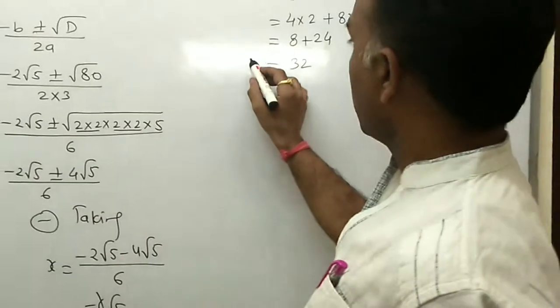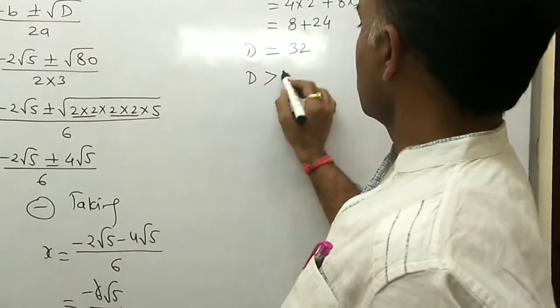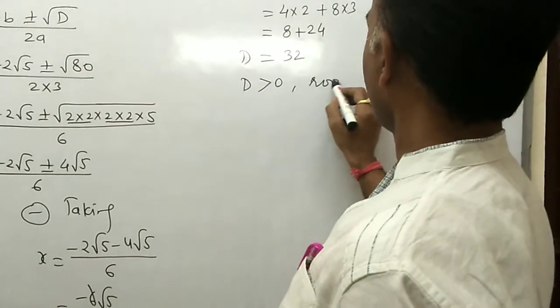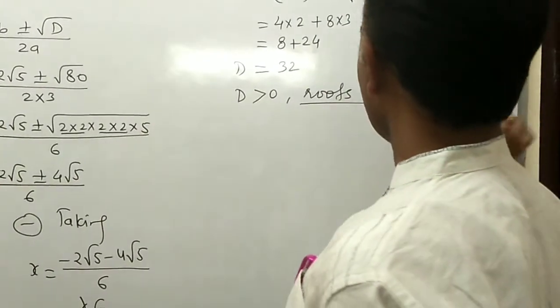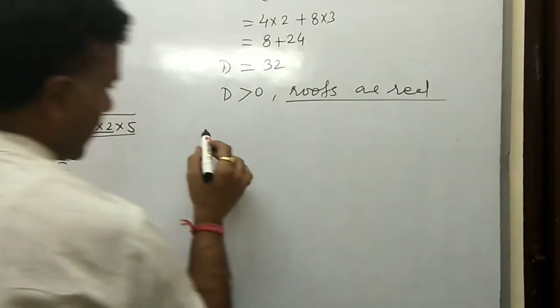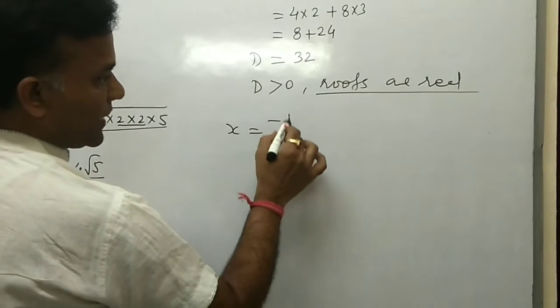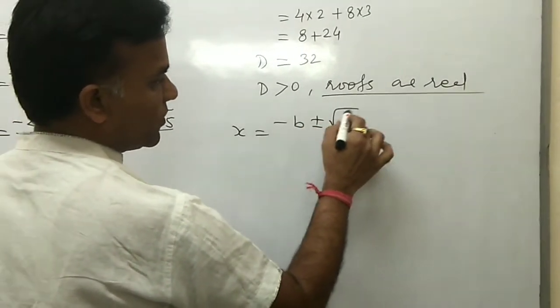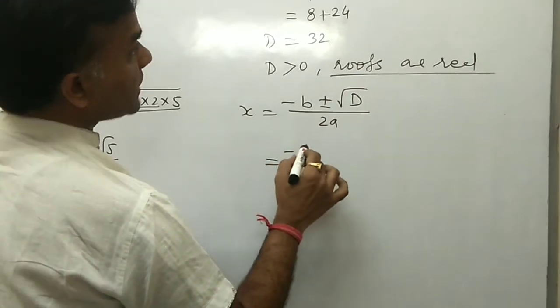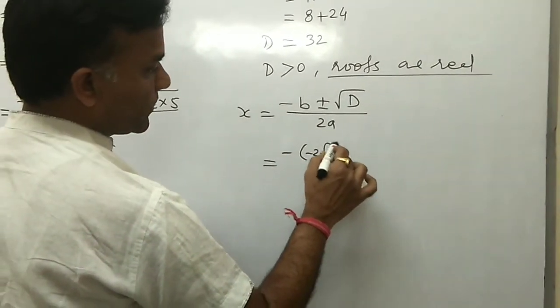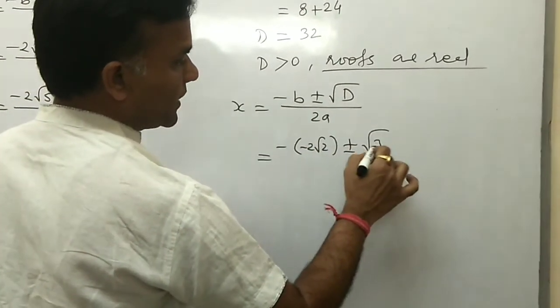D is positive, which means the roots are real. So now we use the formula x = (−b ± √D) / 2a, that is (2√2 ± √32) / 2√3.